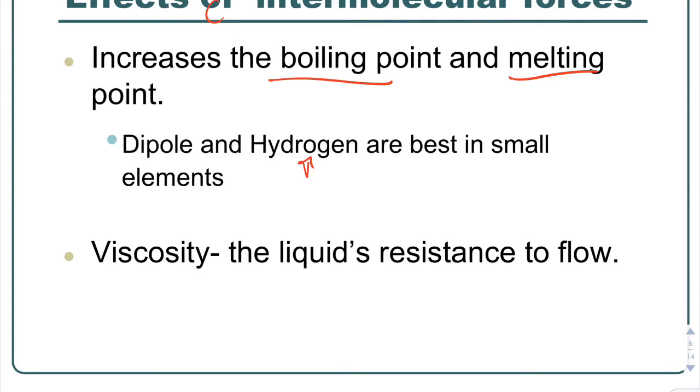Once you start getting down into smaller molecules with only London forces, the attractive abilities are much less. Now, if it is very small, a hydrogen bond can be really significant. So it does tend to work best in small molecules, but most of the time when they're giving you items, they're very comparable.